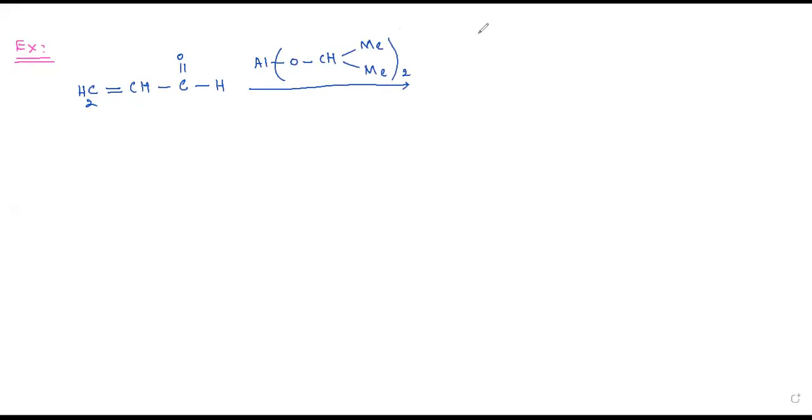Let me give you some examples. Now, when this is subjected to reduction using isopropyl alcohol and aluminum isopropoxide, see, even in this case also, the double bond remains as such.